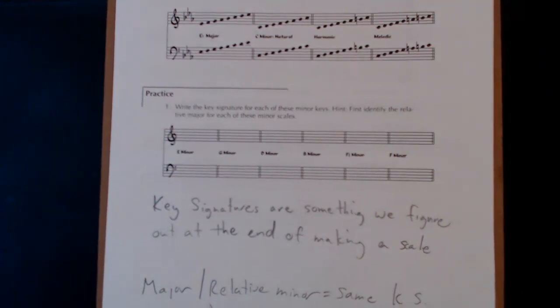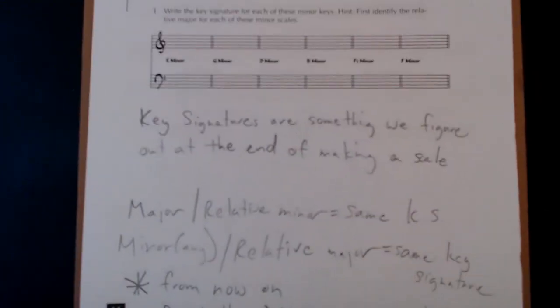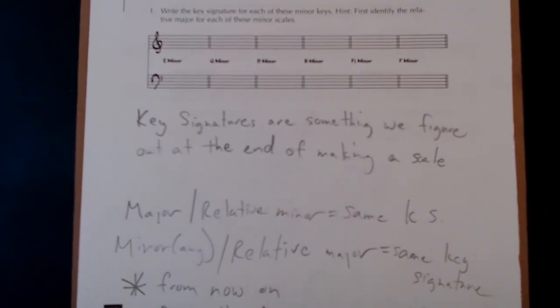So what you're going to find here is that major and relative minor have the same key signature, okay? Major and relative minor, same key signature. Minor, any form of minor, and the relative major will also have the same key signature.